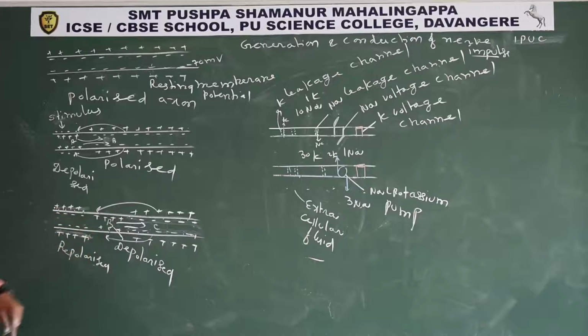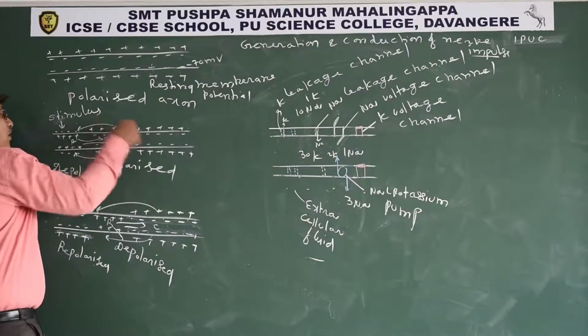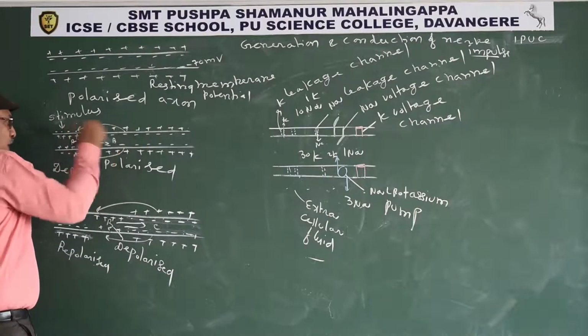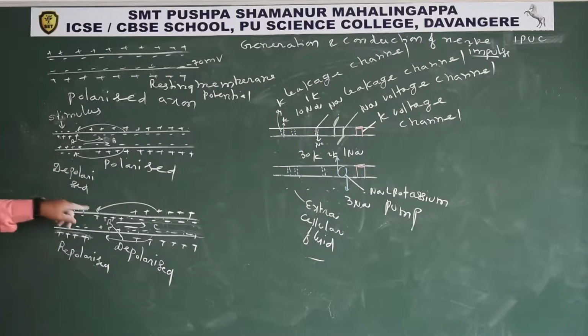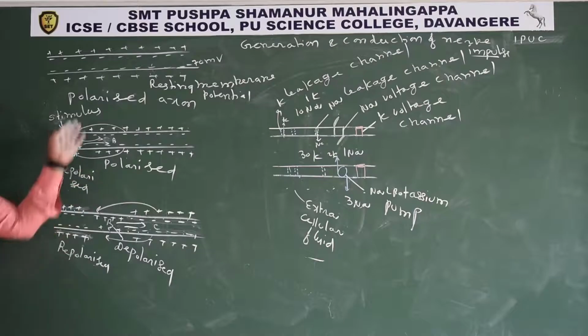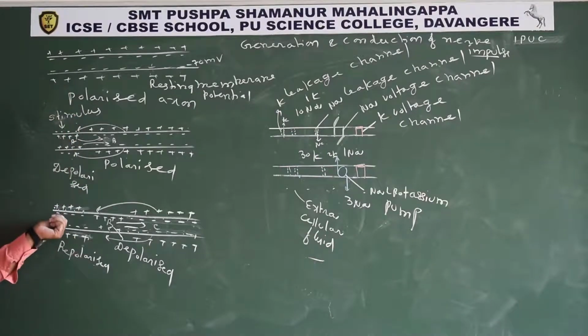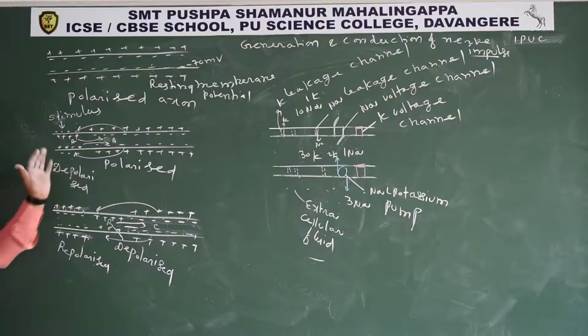B is depolarized. Due to the movement of current from B to A outside, what happened? Outside of A is electrically positive, inside of A is electrically negative, that is repolarized. Again its polarity is restored. So in this manner, depolarization is conducted from A to B.